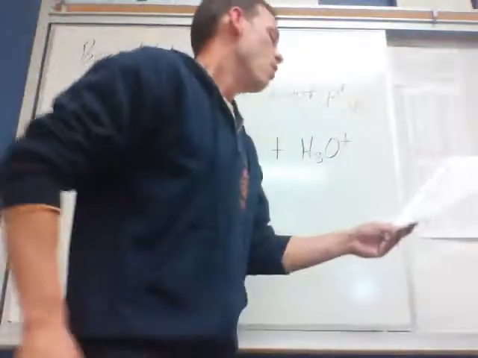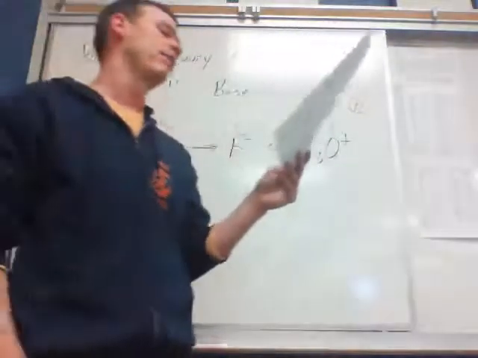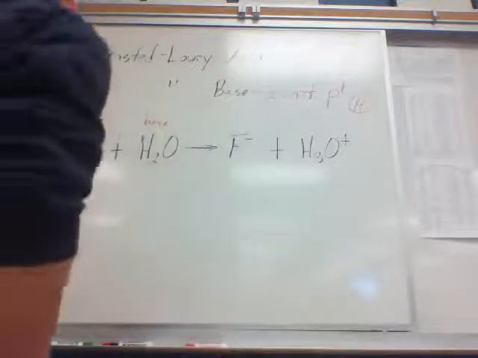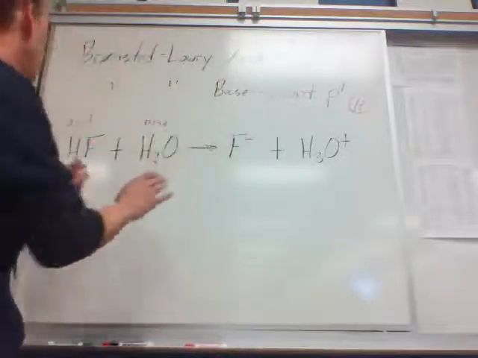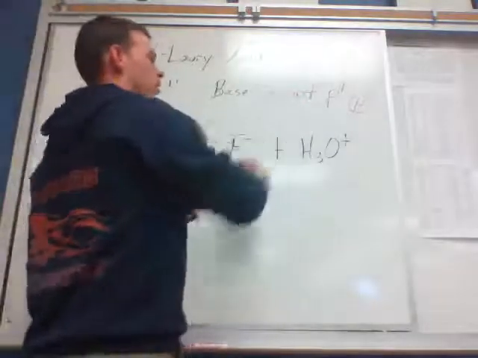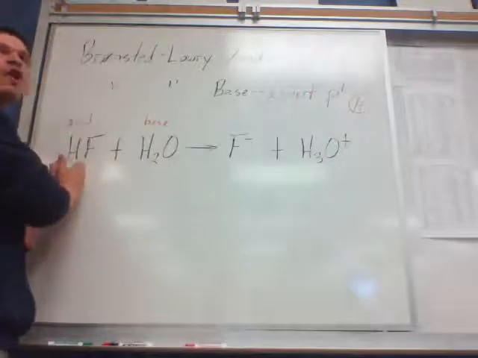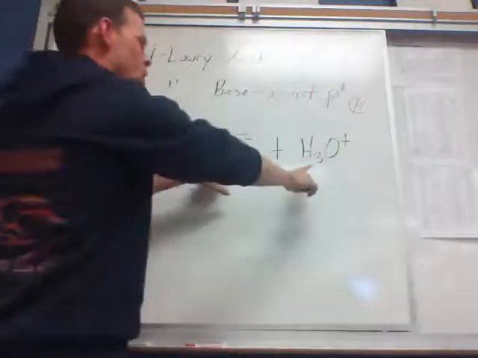Let's read what it says. The species that remains after a Bronsted-Lowry acid has given up a proton is the conjugate base of that acid. Look here. Let's see what that just said. It said that whichever one of these products is the leftovers of the acid is called the conjugate base. The leftovers. Okay, so let's look.